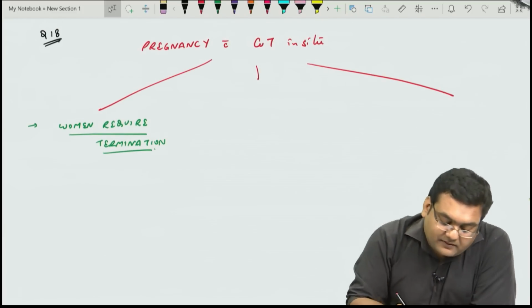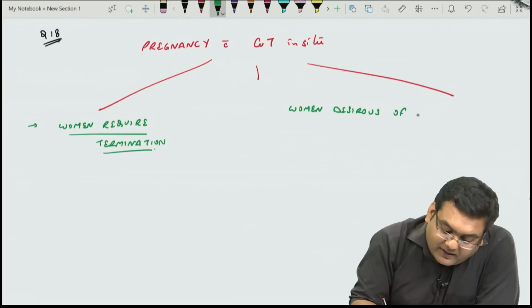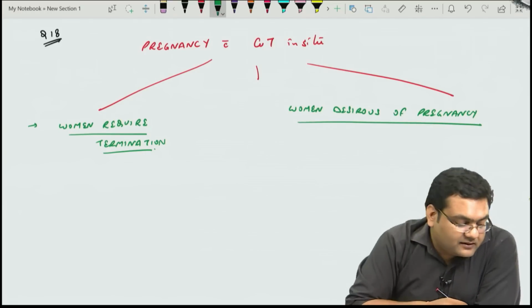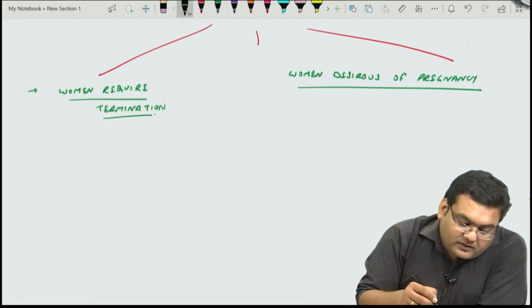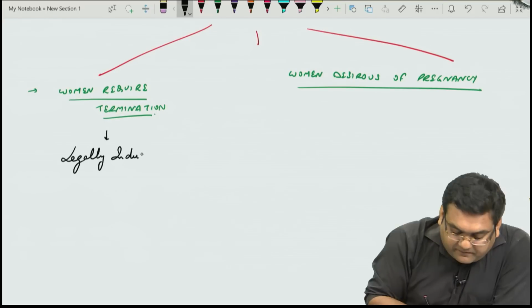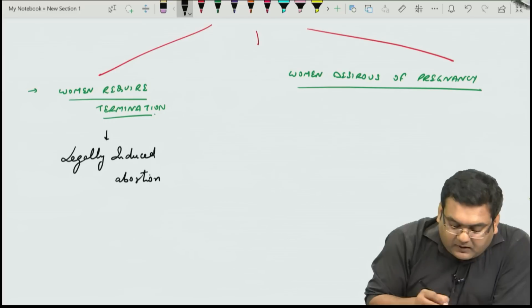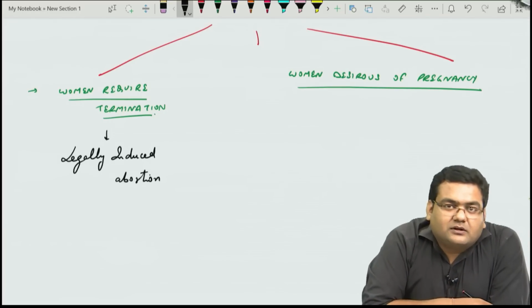Second category is women desirous of pregnancy, continuation of pregnancy. What do we do in first case? We go for legally induced abortion.